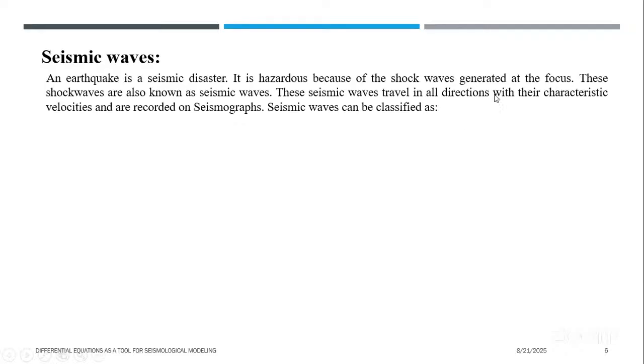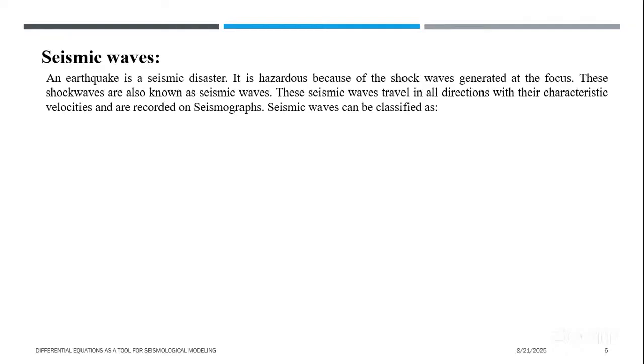It is hazardous because of the shock wave generated at the focus of the earthquake. The focus lies inside the earth, but the epicenter is just at the surface of the earth, at a minimum distance from the focus. It is the most affected part of the earth's surface, which is called the epicenter.